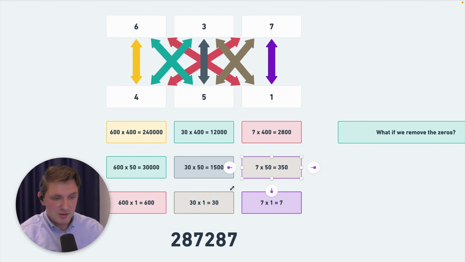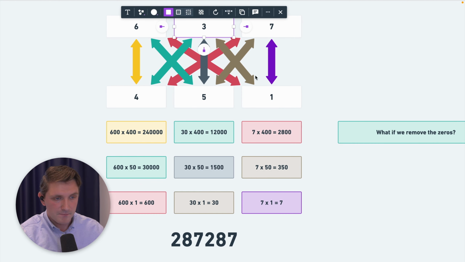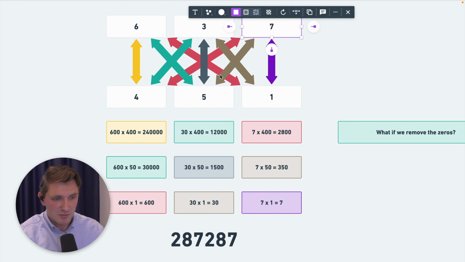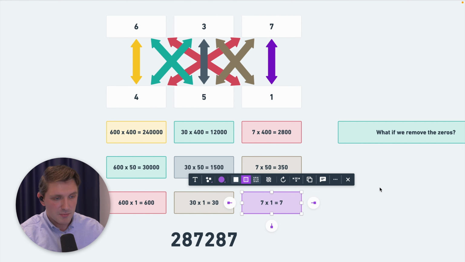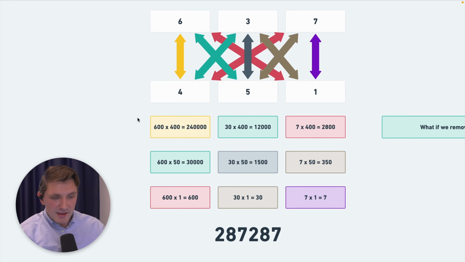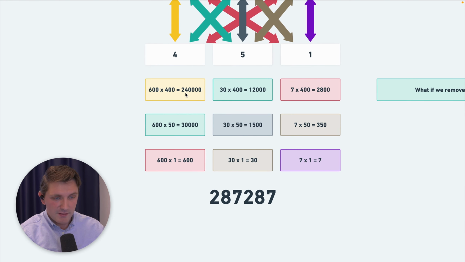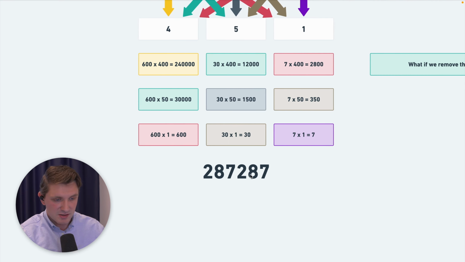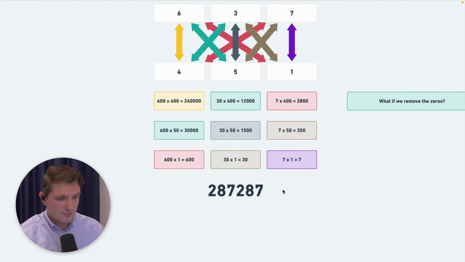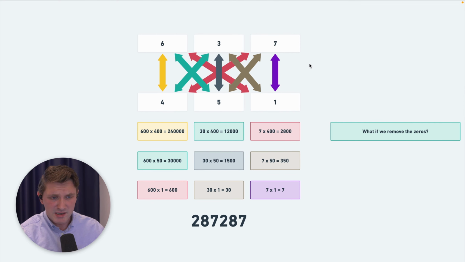And then you multiply these two numbers that are a bit brown, and then you have the purple one. And as you can see, there are 9 multiplications. And basically, if you add every one of them, you will get the answer 287,287. And yeah, basically, this is kind of what you're going to do in your head.